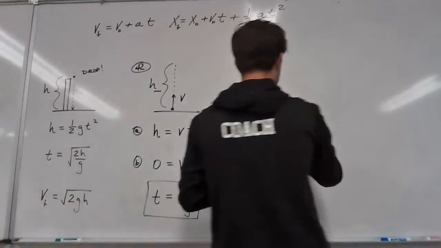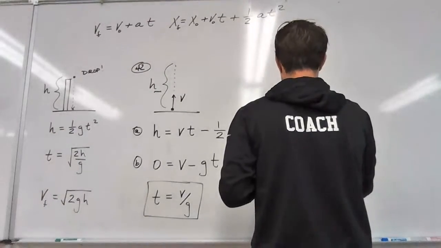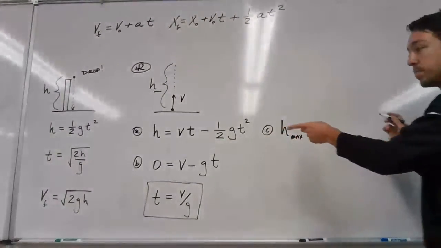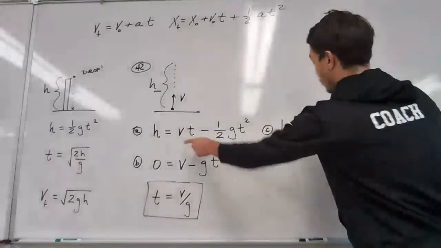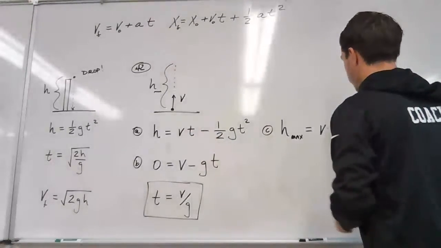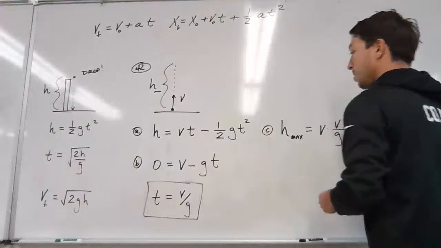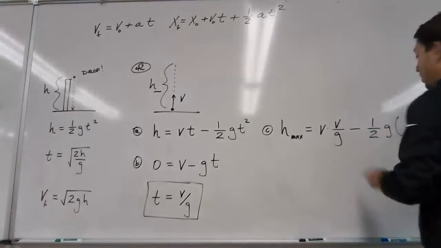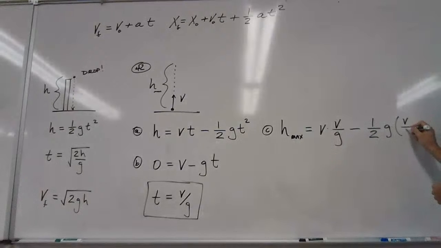So what happens? Let's see. You get H max is V times V over g, minus 1/2 g, replace that t with V over g. Okay, it's a little ugly.